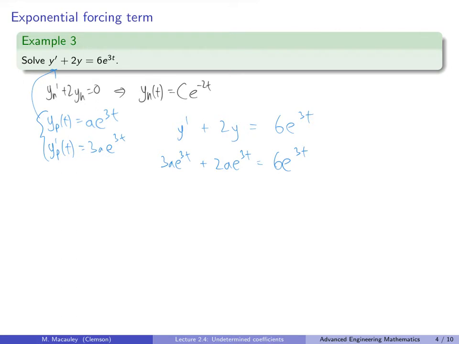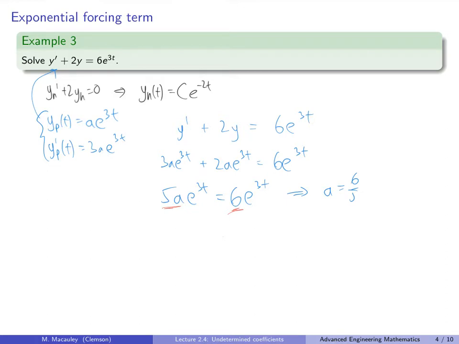So what can we do? The left-hand side is 5a e to the 3t, and the right-hand side is 6 e to the 3t. So if these things are equal, then 5a has to be equal to 6. So that means that a equals 6/5.